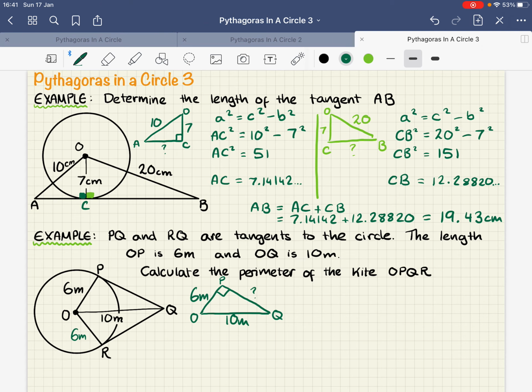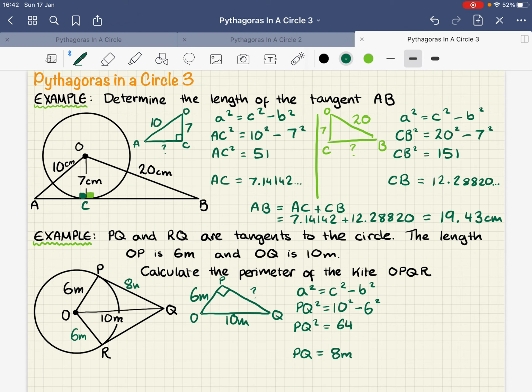So again, it's the shorter side, so I need to use the c squared minus b squared. So that's going to be PQ squared equals 10 squared take away 6 squared. So PQ squared, that's going to come out to 64. So in square rooting it, that means PQ is going to be 8 meters.